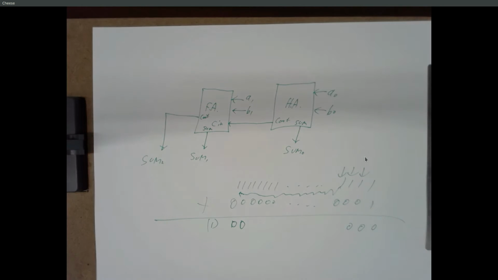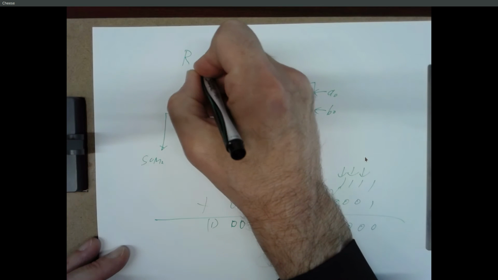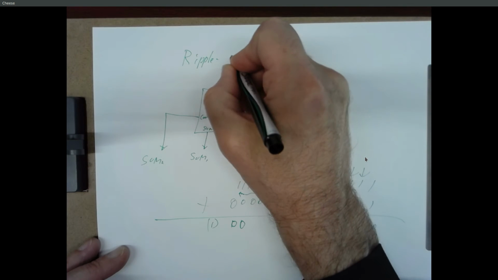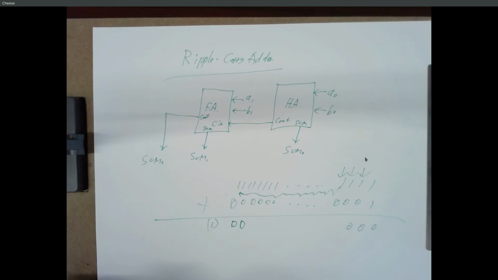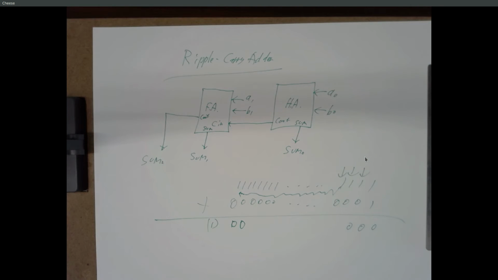Okay, and that's relatively slow. So this is something called a ripple carry adder. Ripple carry adders are easy to design because you just keep laying out full adders side by side, but very slow. And the more bits you have, the slower they are.